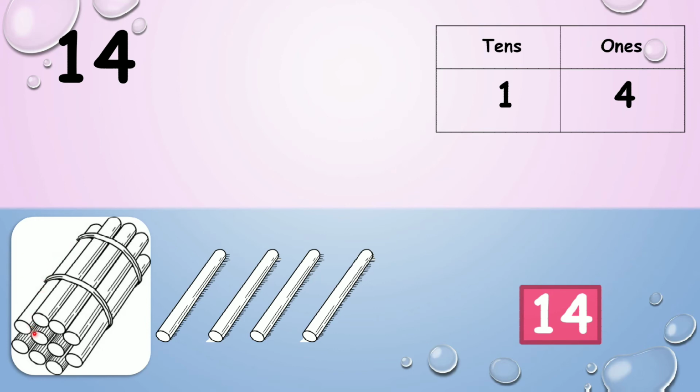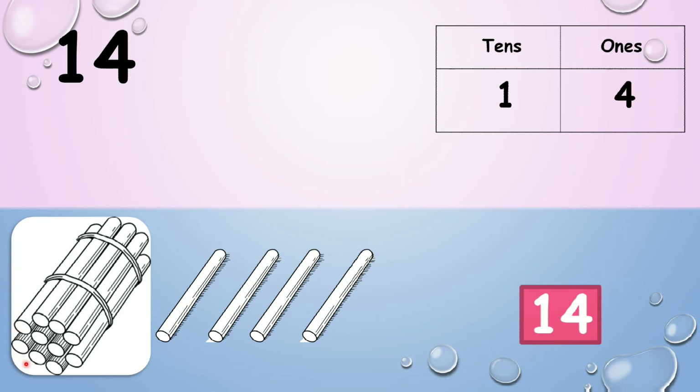Also, when we look at this picture, this is a bundle of 10 sticks. If you count them one by one, they total up to 10, while the next ones, when you count them, total up to 4. 1, 2, 3, 4. So what does this give us altogether?